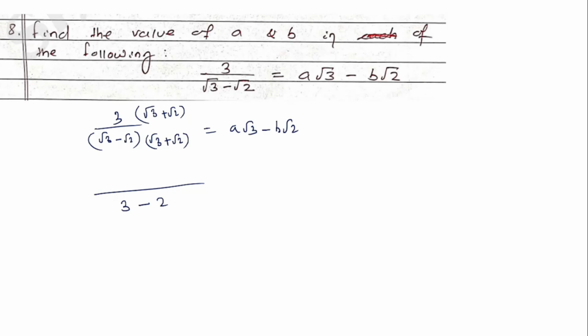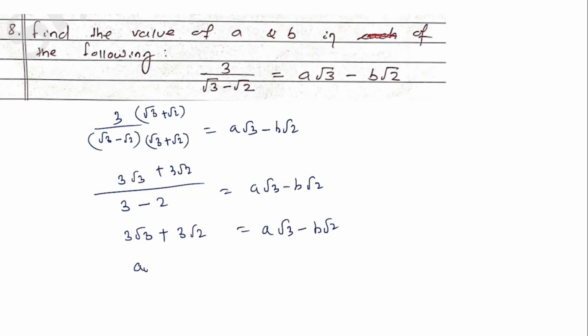Then here is 3 root 3 plus 3 root 2 equal to a root 3 minus b root 2. Now 3 minus 2 is 1.